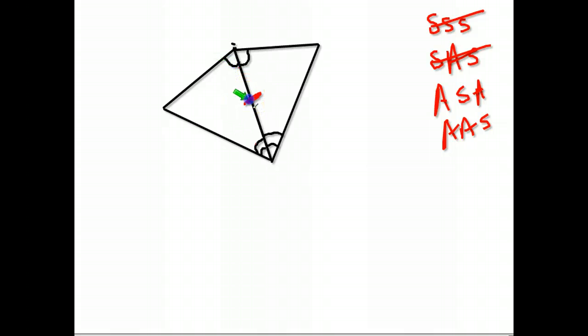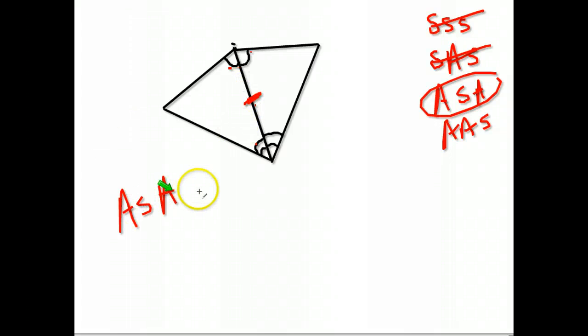Notice I have two angles and the side between them, which gives me ASA. So the most obvious choice here is ASA to prove they're congruent. However, remember again, we do have that third angle theorem, which says if you have two congruent angles in a triangle, then the third pair of angles are automatically congruent.